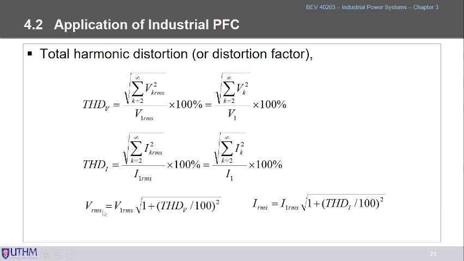And of course VRMS is equal to V1 RMS, the fundamental RMS, multiplied by the square root of 1 plus THD squared, where the THD is in percentage. Let's say the THD for the voltage is 5%, so we just put 5 divided by 100% here, and then square it. Same for the current here.